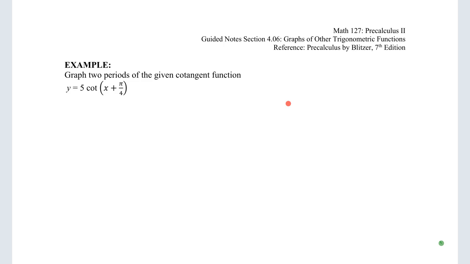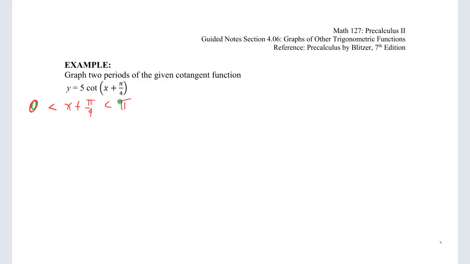Again, since this is a cotangent function, the asymptotes here would be from 0 to pi. So I'm going to go ahead and use that: 0, and then x plus pi over 4, and then up to pi.